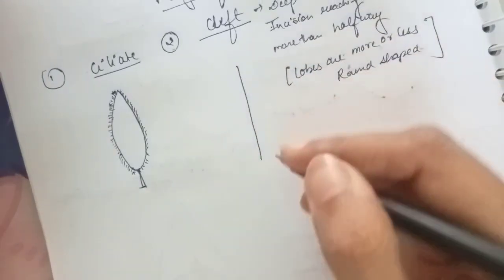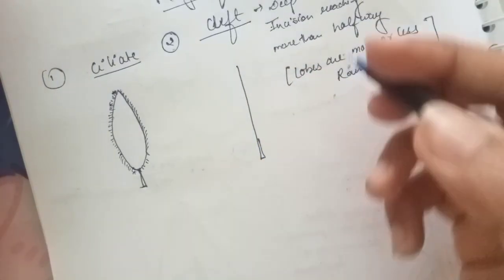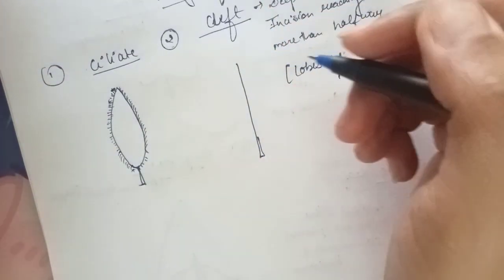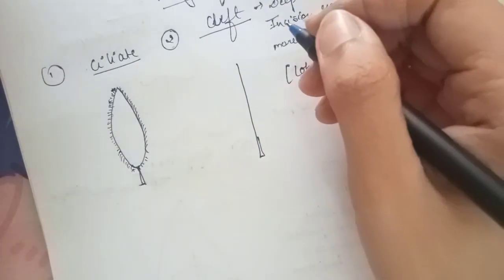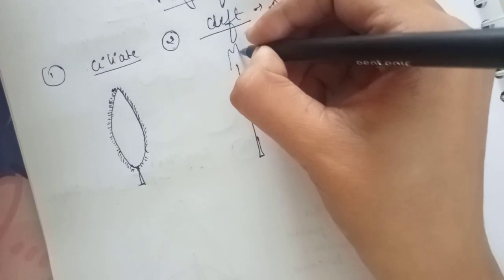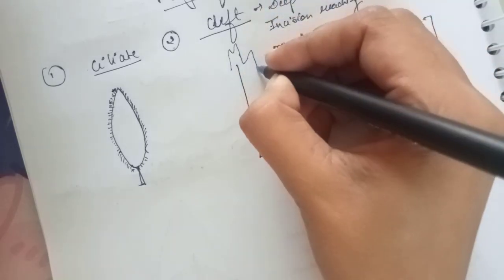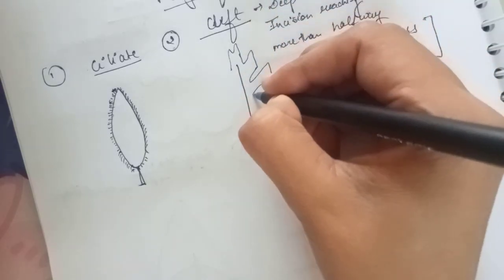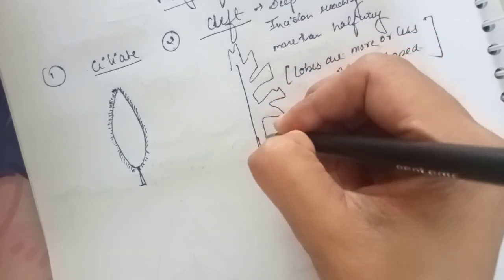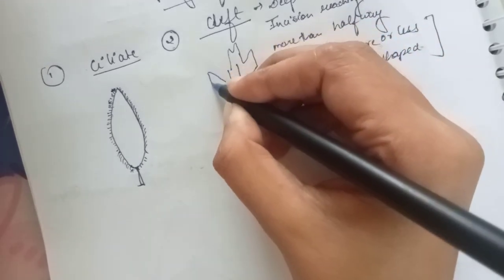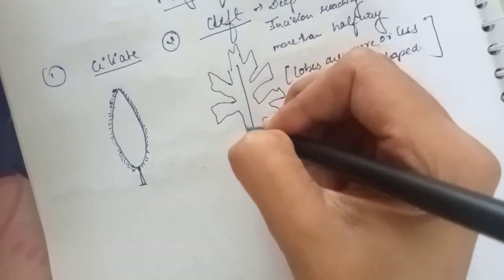This is the midrib, the lower part will be the petiole only. The leaf is incised and incisions reach more than halfway. For example, this is an irregular leaf, like some leaves are such that incisions are reaching more than halfway.